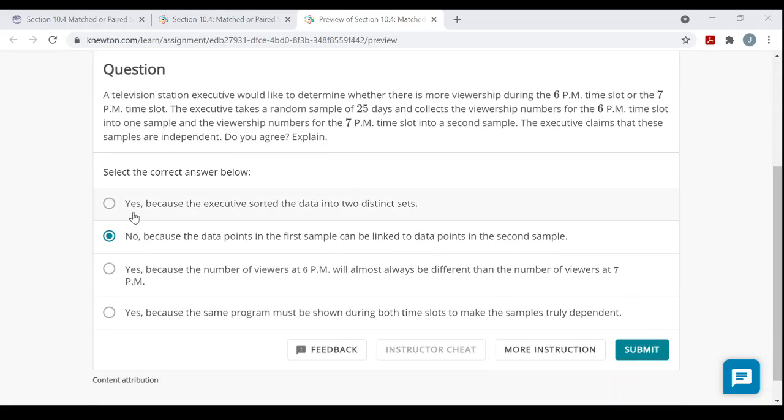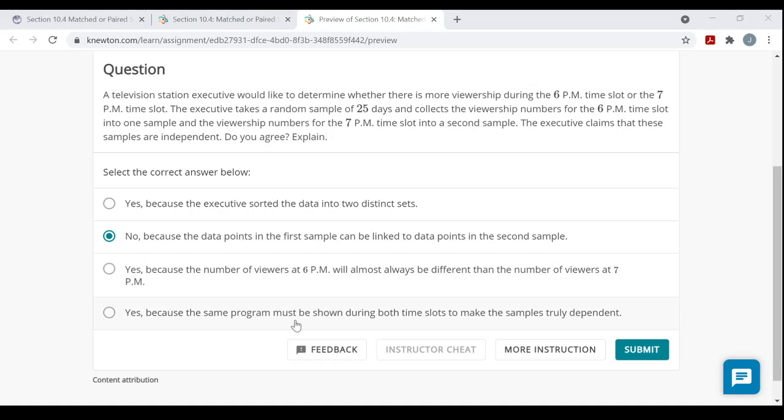All right, so we can read through these other ones. Yes, they're independent because the executive sorted the data into two distinct sets? No. Again, they're not distinct because some people from the 6 might be in the 7. And then this: yes, because the number of viewers at 6 p.m. will almost always be different than the number of viewers at 7? Not necessarily.